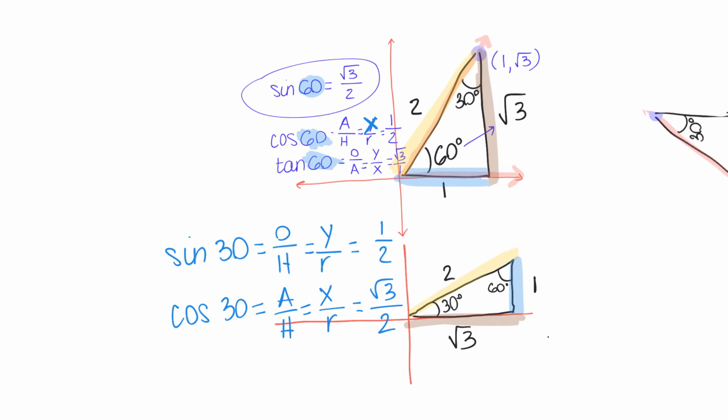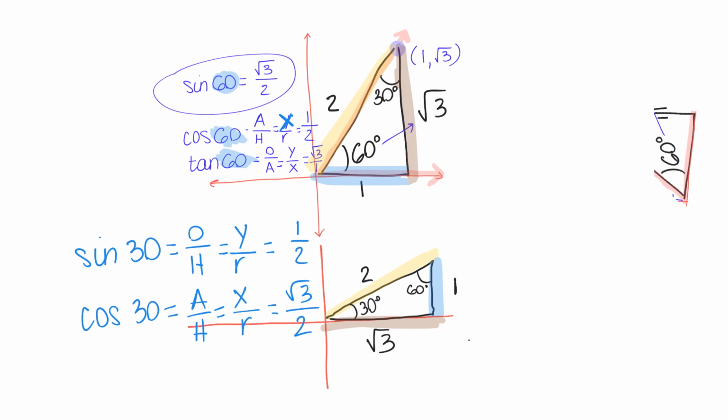Then, just like we did with the 45, 90, we can move all of these into different quadrants, right? Because it's all about reference angle. So if we do that, let me erase.